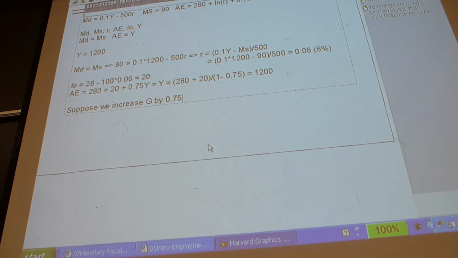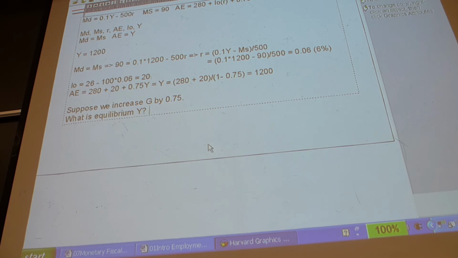Ready? 0.75. Okay. Now, where do you think we're going to go? We've got all these equations. Which equation are we going to begin with in this case? AE, everybody? AE, right? Look at your diagram.